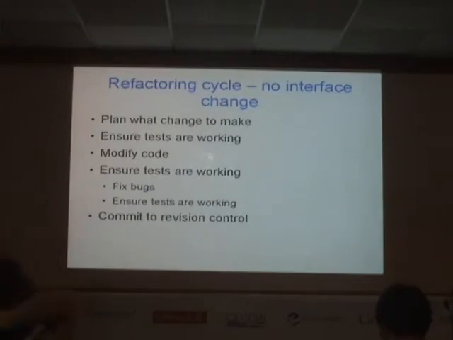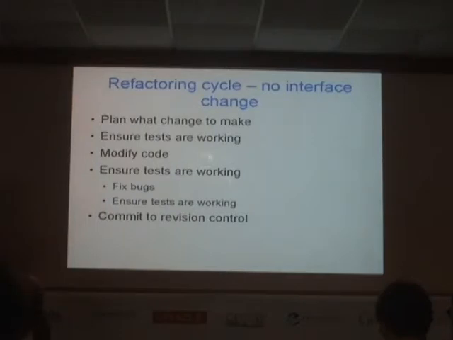So you work in a cycle, and that cycle is a little different depending on what sort of change you're making. If you're not making an interface change, an internal or external interface change, then the cycle is that you plan what sort of change you need to make, then you check your tests, make sure they're working, you modify the code, and then you check your tests again to see that they're still working.